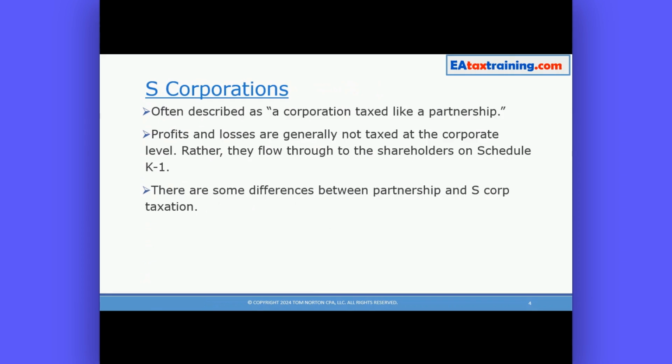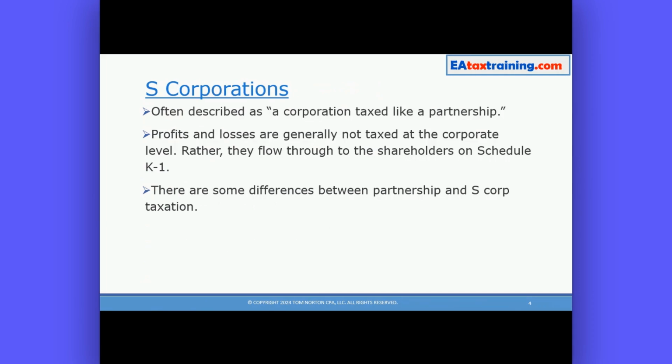So S corporations are often described as being a corporation taxed like a partnership because the profits and losses are generally not taxable at the corporate level. Instead, they flow through to the shareholders on Schedule K1.